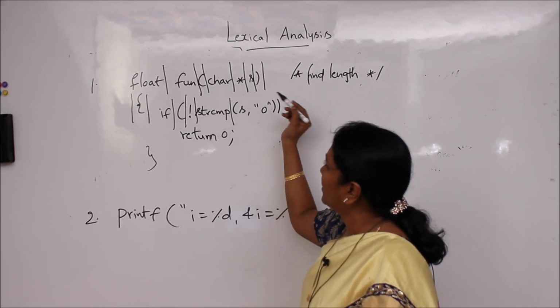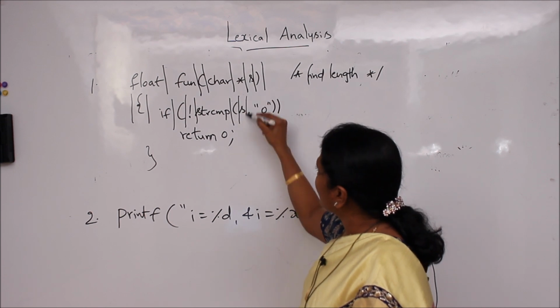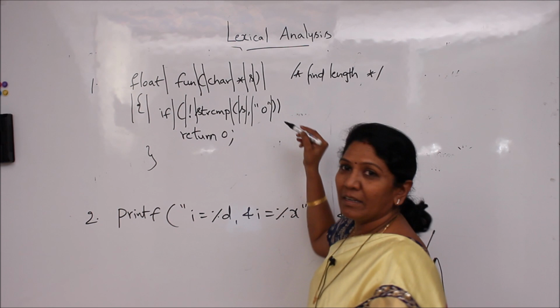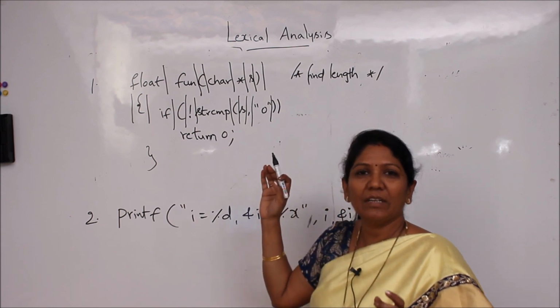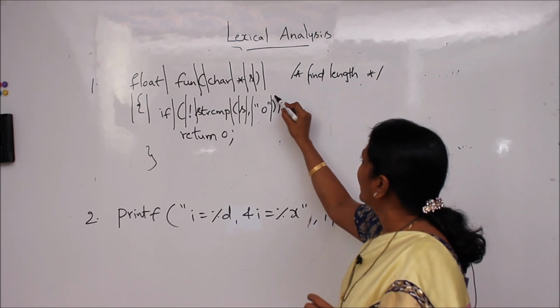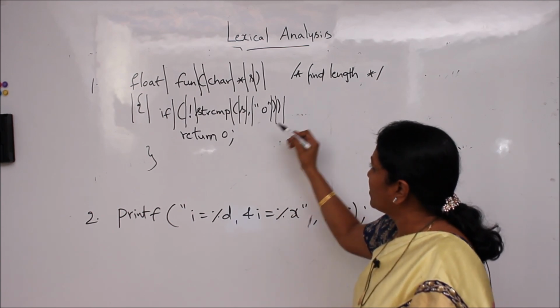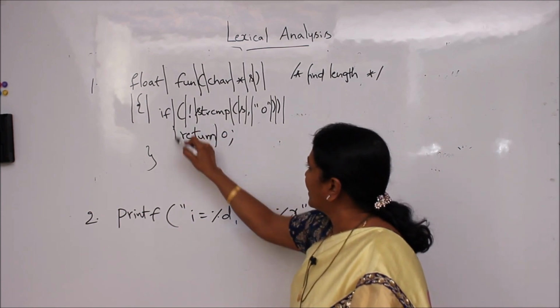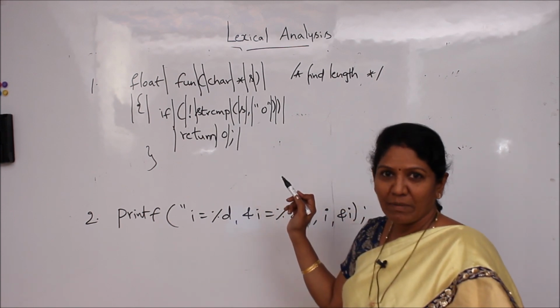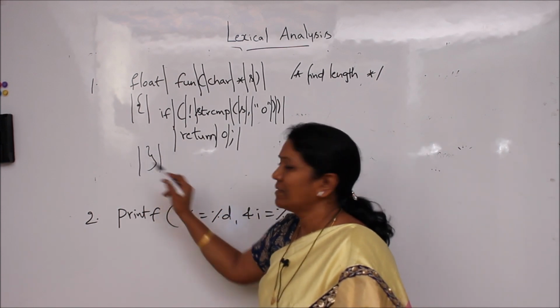String compare, keyword. Left parenthesis, identifier, operator. Literal string: whatever you have within double quotes is a literal and will be treated as a single token. Closed parenthesis, another closed parenthesis. Return is one token. 0 is another token. Punctuation symbol is another token, and closing parenthesis is another token.